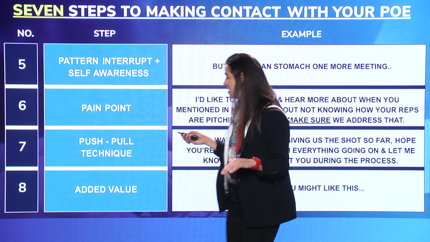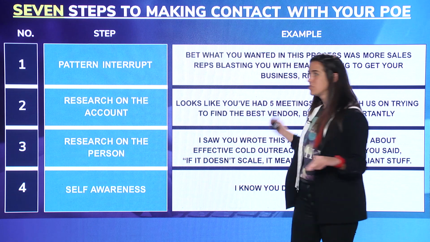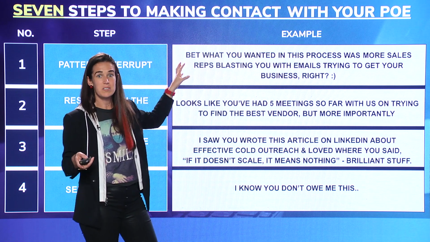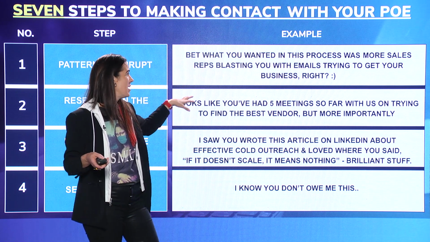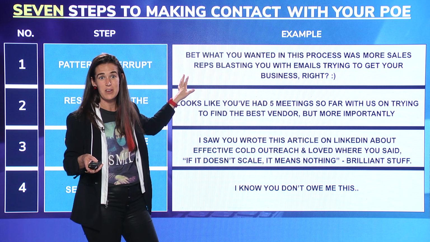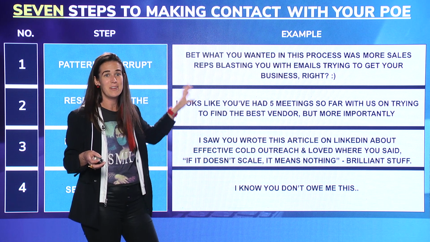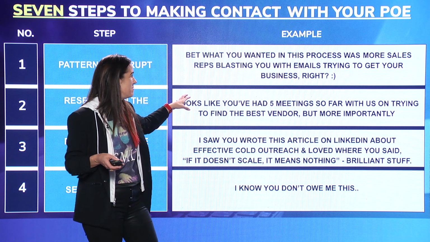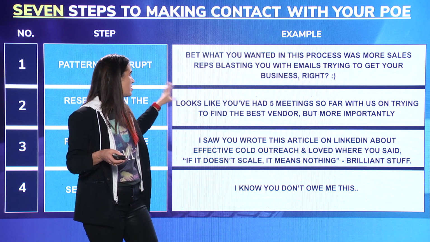So in their first interaction with you, they're understanding, "Oh okay, what I expected in this process was more sales reps trying to send me a bunch of emails to get my business." So you're pattern interrupting. Not only is this person self-aware, it looks like you've had 5 meetings with us so far trying to find the best vendor.